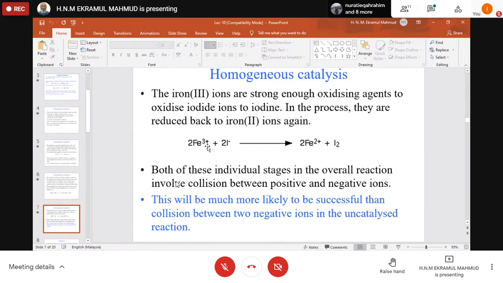Now you see that here we have changed the oxidation states. So we'll have these positive and negative ions react, and then we'll have our product. So this will be much more likely to be successful than the collision between two negative ions in the uncatalyzed reaction.